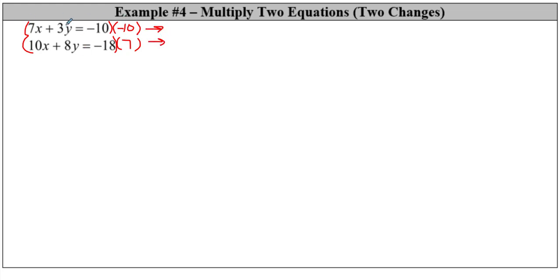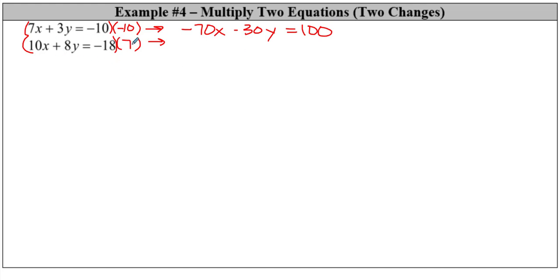Alright, so let's go ahead and distribute this, and you'll see how our x terms will be the ones that get eliminated. 7x times -10, that is -70x. 3y times -10 is -30y. And then -10 times -10 is equal to +100.